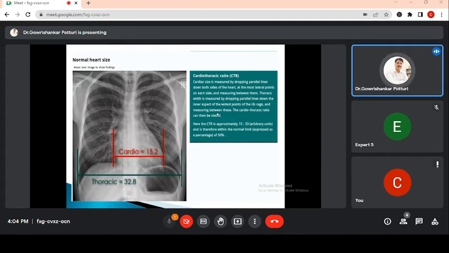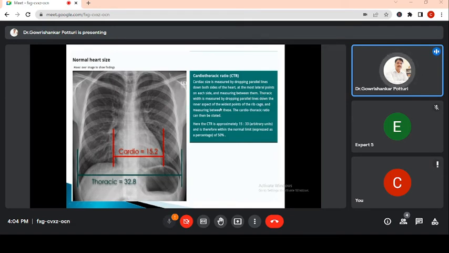Cardiac size is measured by dropping parallel lines down both sides of the heart, at the most lateral points on each side, and measuring them.